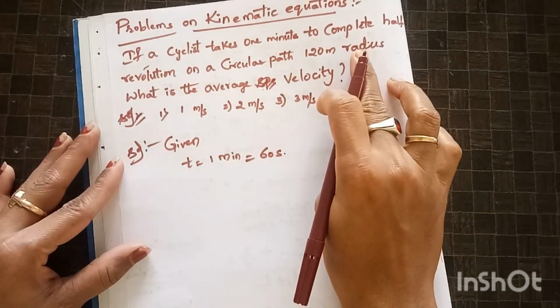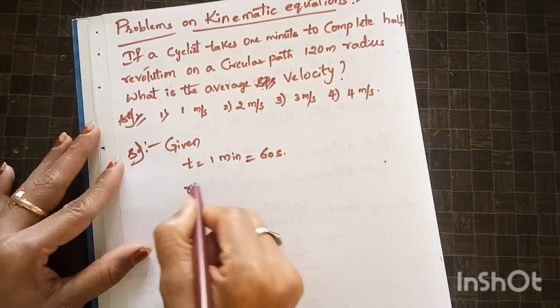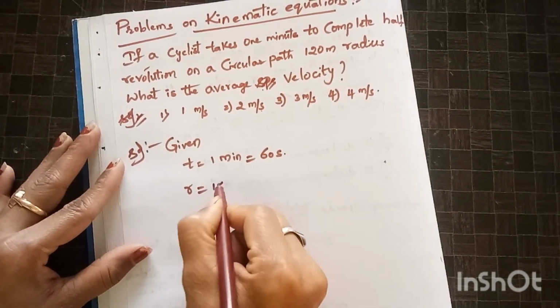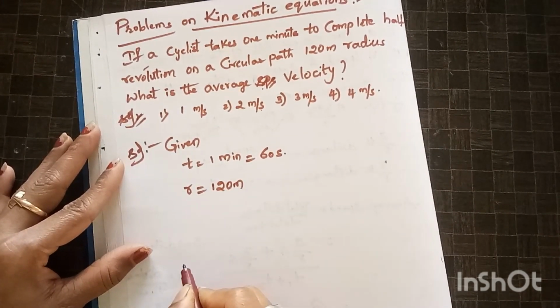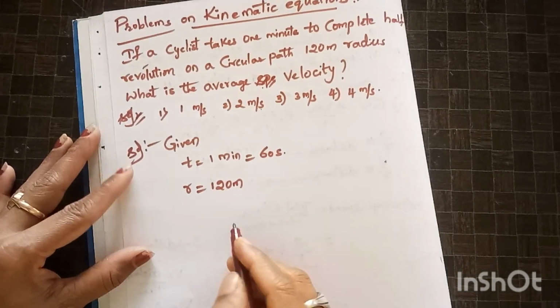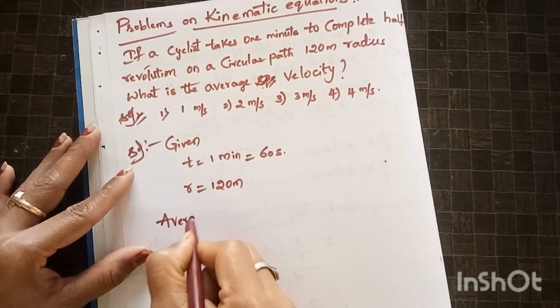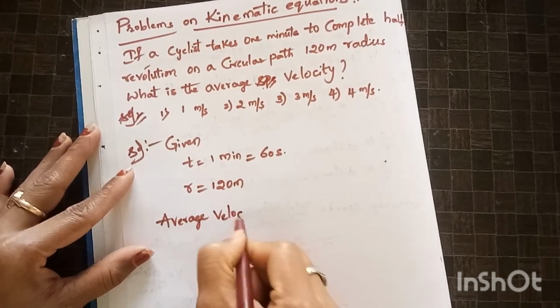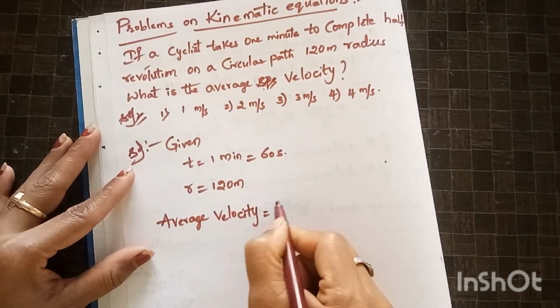And what else is given? Radius equals 120 meters. He said to find the average velocity. Average velocity equals question mark.